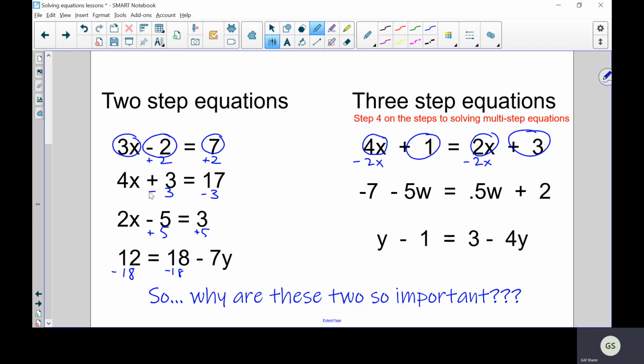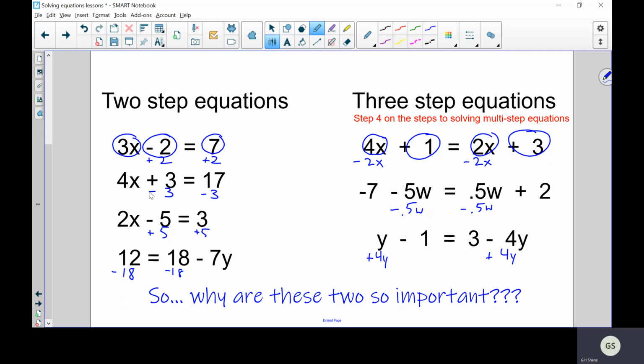If we were working with a three-step equation, I already showed you one example, subtracting the 2x. Here we would subtract 0.5w from both sides. And then here we would add 4y, add 4y. So those are the only two types of equations that you have to do that on.